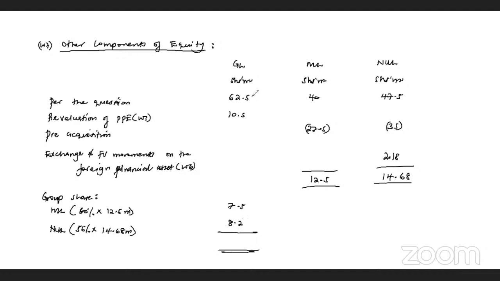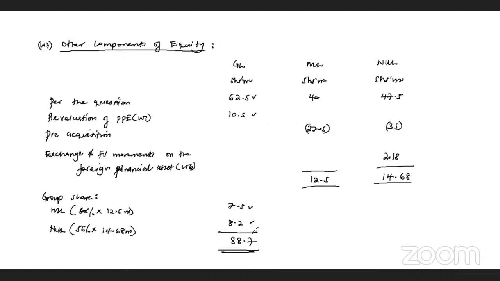Of course, we add this, and this. Then we get the total for the group, which is 88.7. So other components of equity in the statement of financial position, you take 88.7.